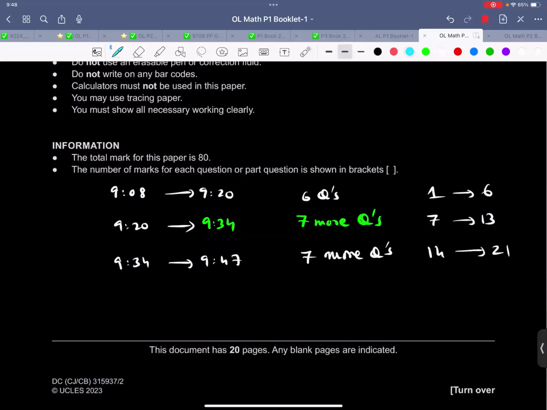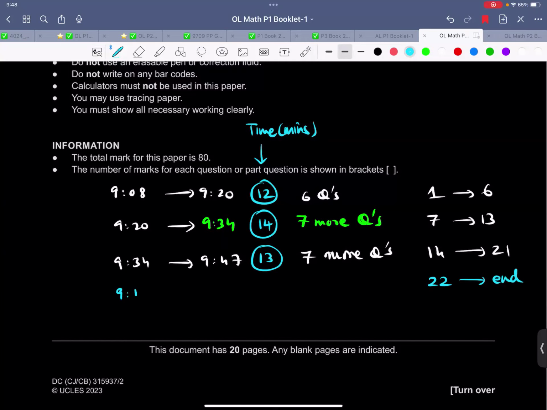So if I write the times over here, this is 12 minutes, and this is 14 minutes. This is 13 minutes. That's a good thing. And now 22 till the end, whatever the number of questions is. So let me start at 9:49.